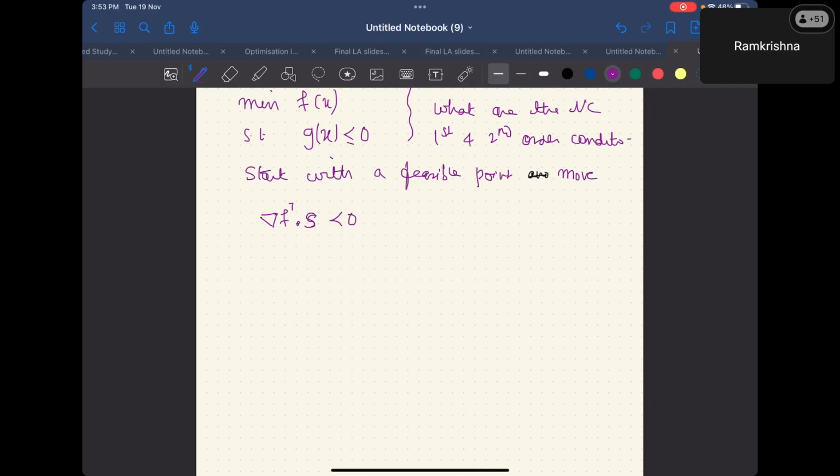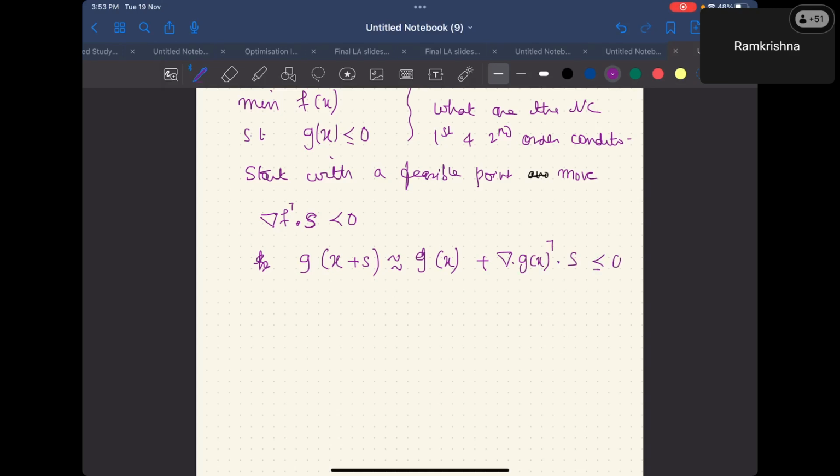searching for a minimum. Okay, now my constraint set is g of x, and say I go slightly further away from x, again in the feasible direction. This will be g of x plus gradient of g of x transpose times s.